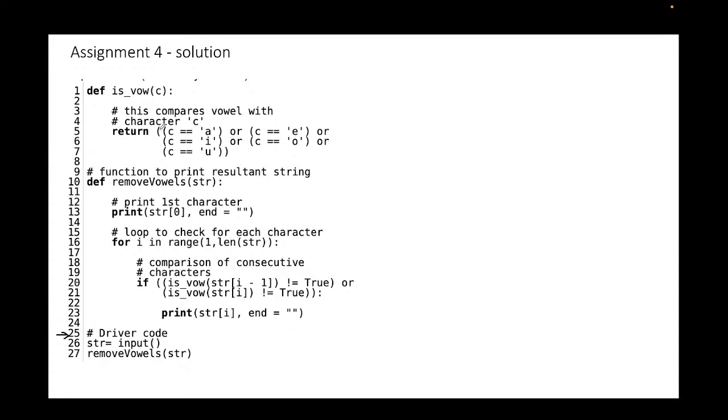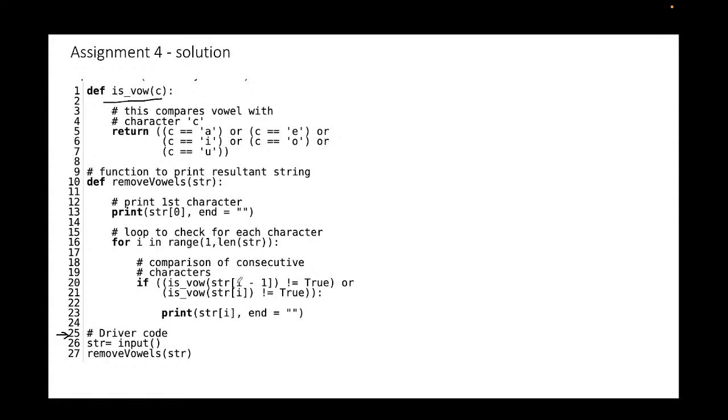Because this is a logical statement, it will return either true or false. If C is one of the vowels, this function will return true. Basically all this function is vowel is doing is checking if this letter C is a vowel or not. If it's a vowel, it will return true, otherwise it returns false.